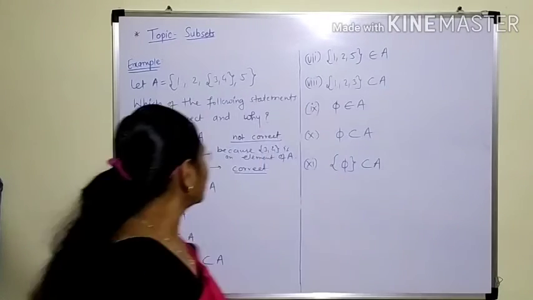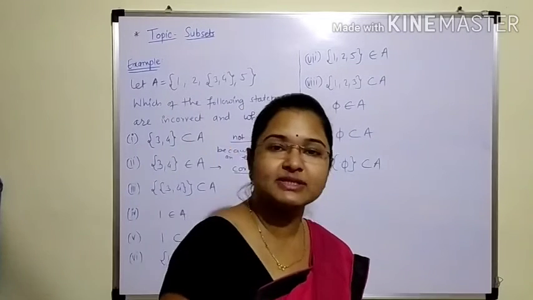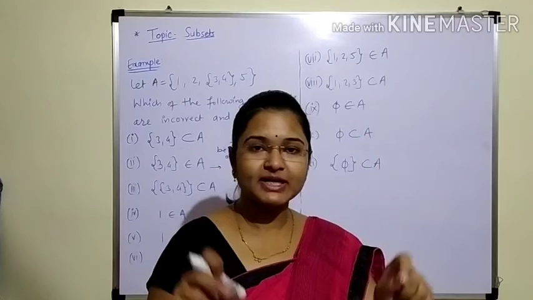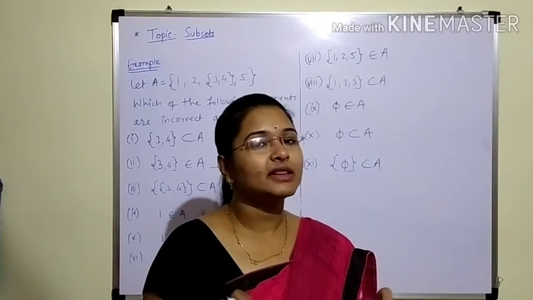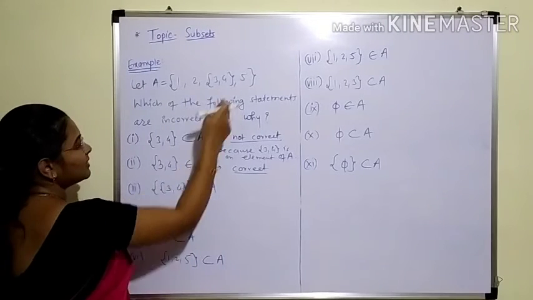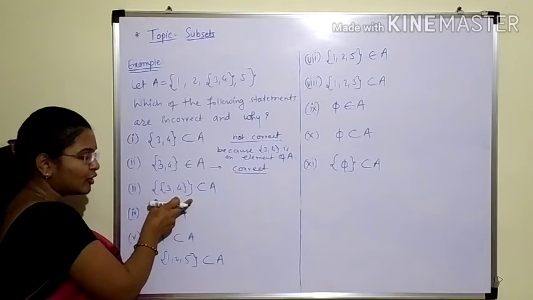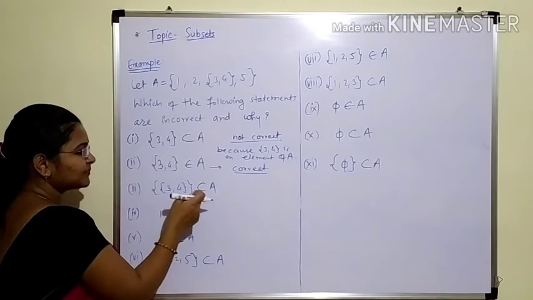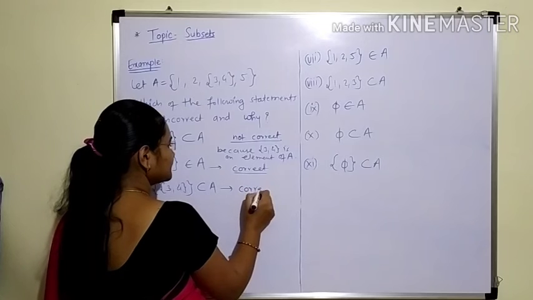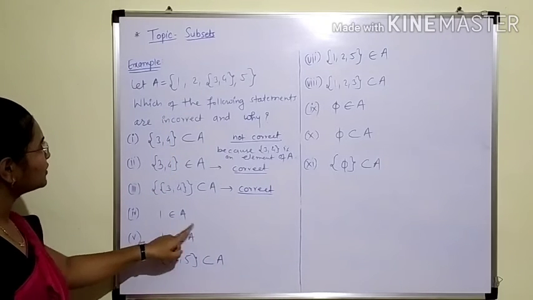So here also, if {3, 4} is an element of the set, then if we write that element in set form, in curly braces, that set will be a subset of the set. So here {3, 4} is an element of A, and this element we are writing in set form. So clearly it will be a subset of A. So this statement is correct. Any doubt?